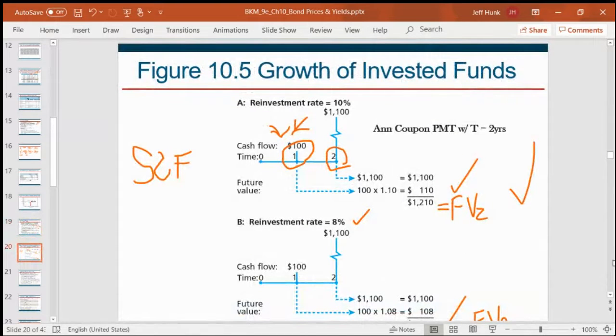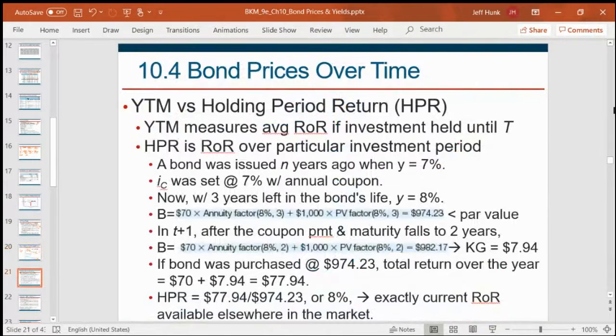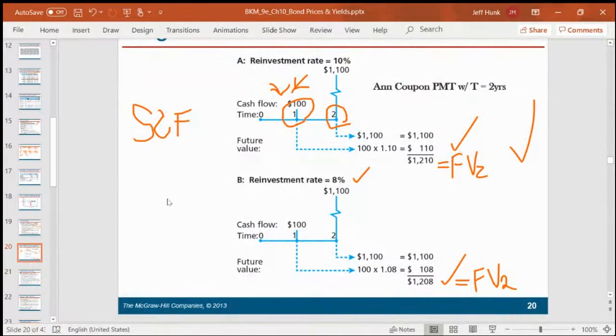Remember, there are four types of risks in the bond, right? The first risk is the default risk, of course, in any lending situation, right?